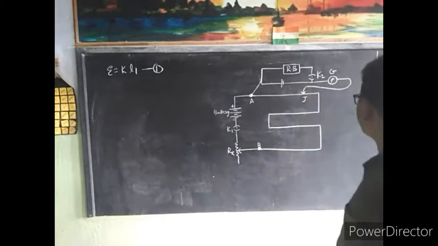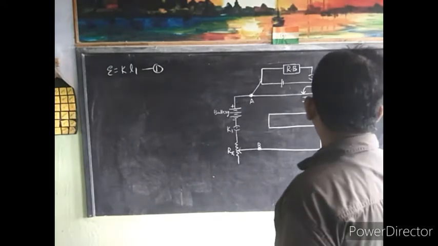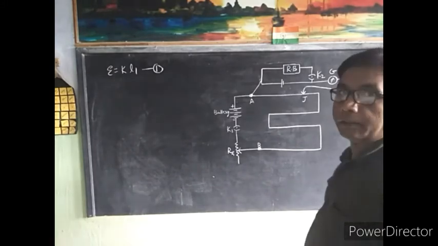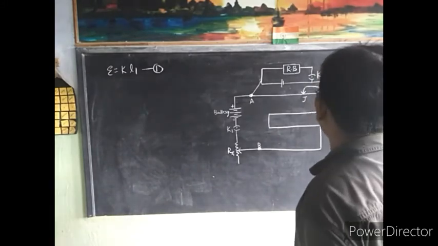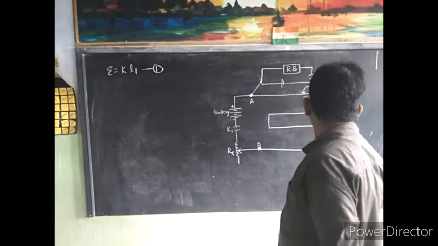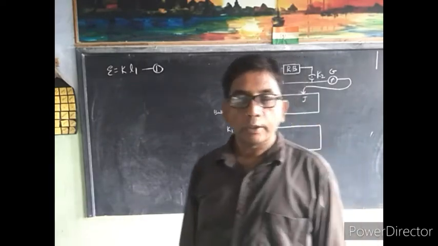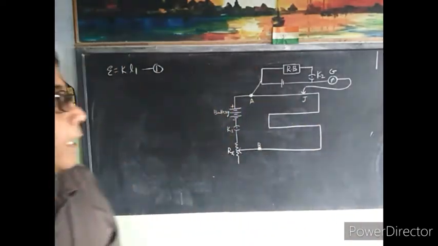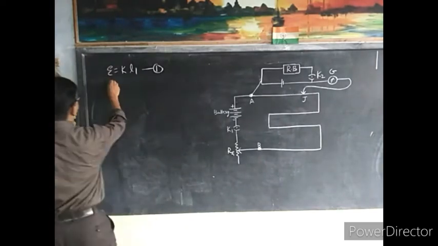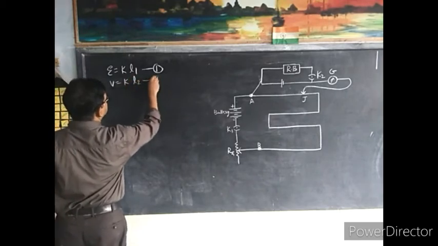Now we will find the balancing point for the terminal potential difference V of the cell. If L2 is the balancing length, then V is equal to KL2. This is my second equation.